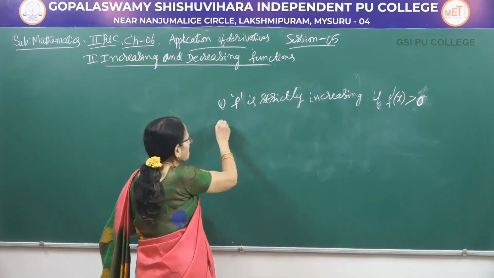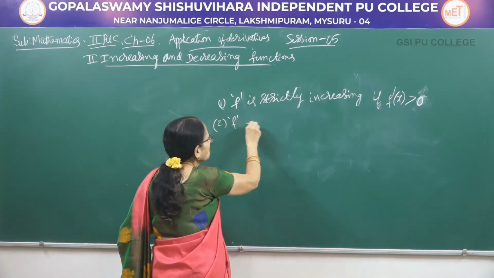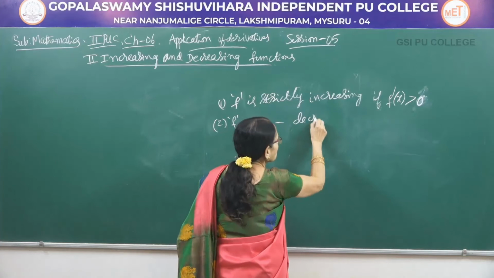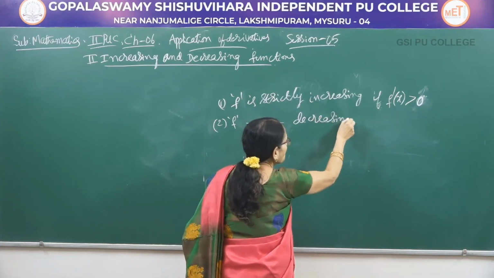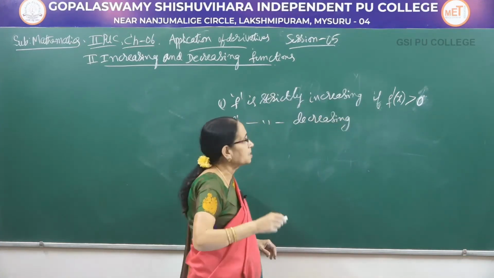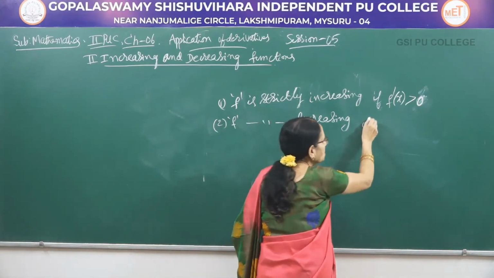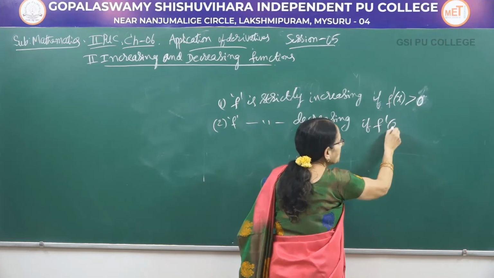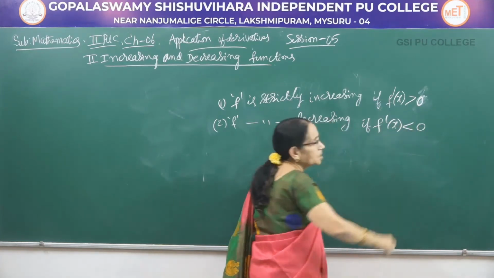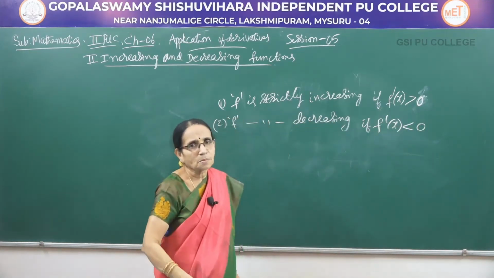Next, second part is f is strictly decreasing. The other part of that one: strictly increasing if f dash x is greater than 0 or positive. So, what is the other one? If f dash x is less than 0 or negative. Understand?